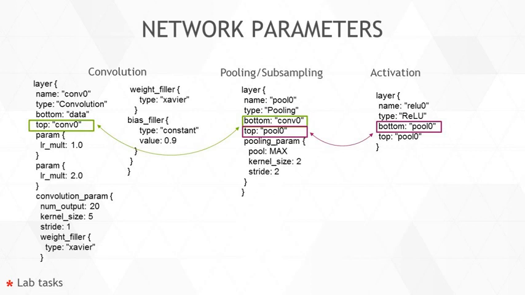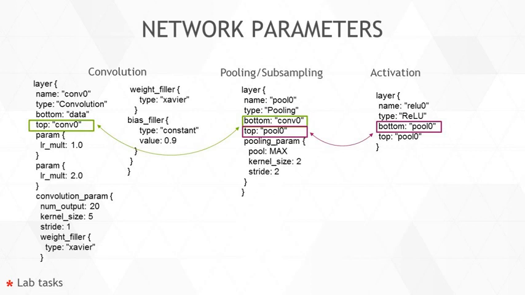After pooling, I want to apply an activation, and here's an example of a ReLU, or rectified linear units, activation function. But in some cases you may not do this. After pooling, maybe you want to push your data through another convolutional layer instead of an activation, and you can definitely do that too.